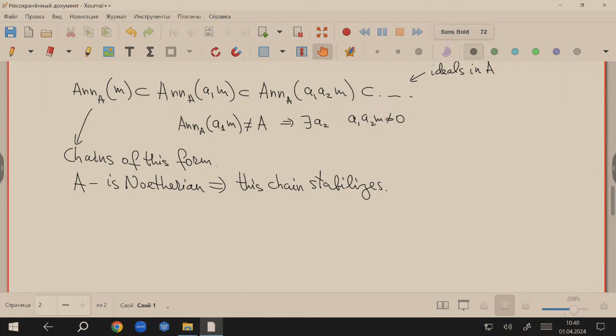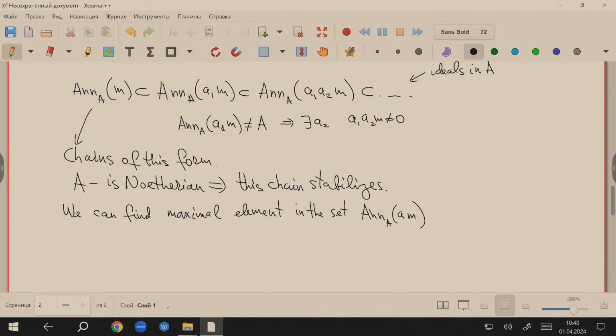If you have this property, then by Zorn's lemma we can find a maximal element in the set of annihilators of am.